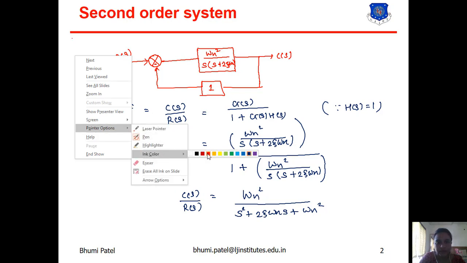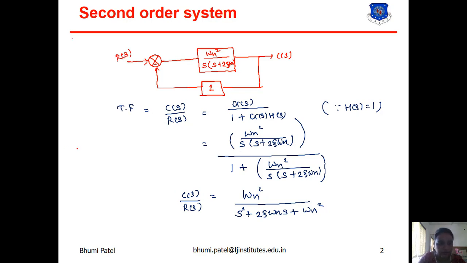The first is zeta. Zeta is known as the damping factor, and the function of zeta is to oppose the oscillation of the system.